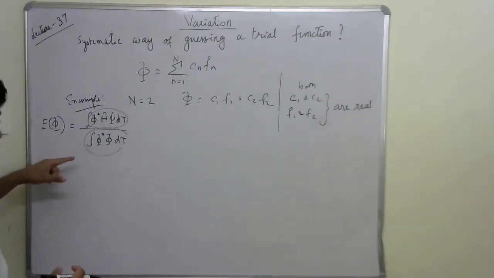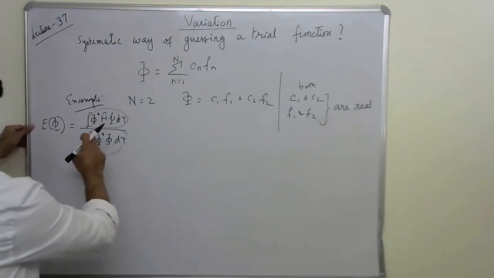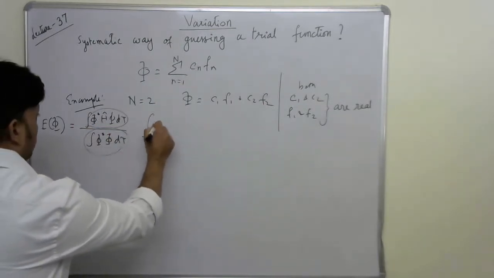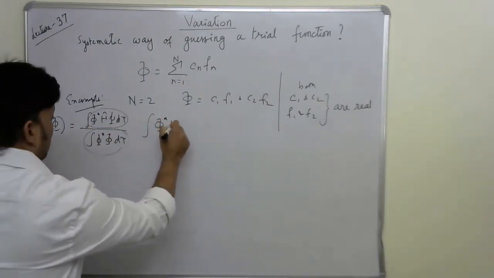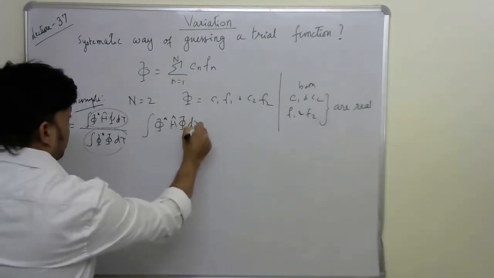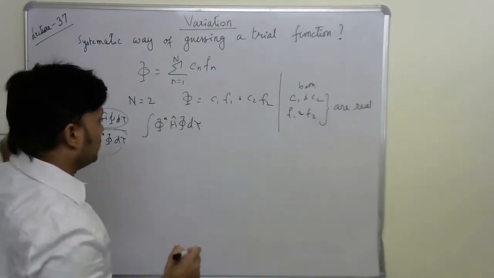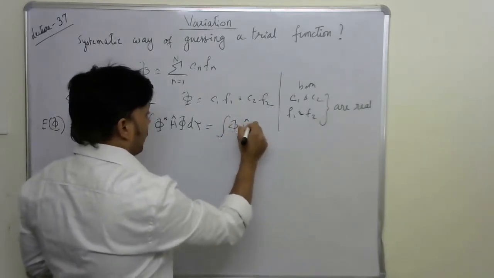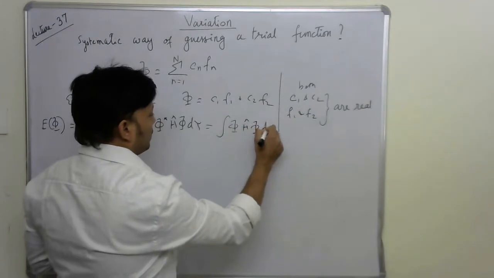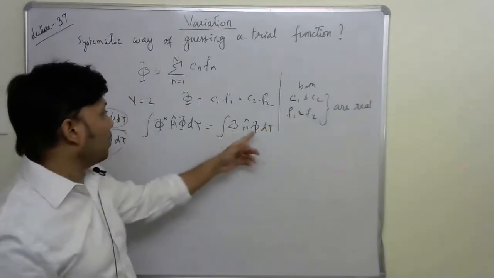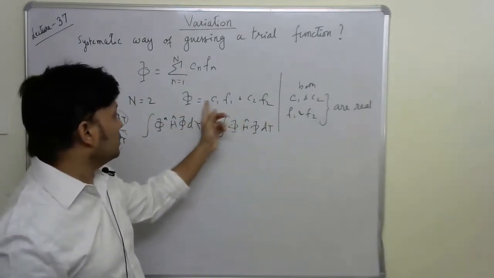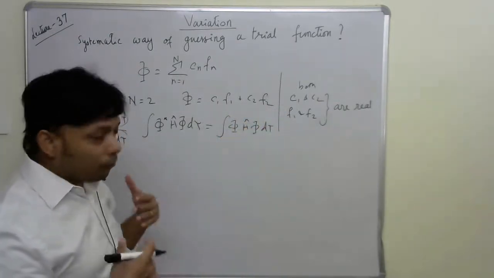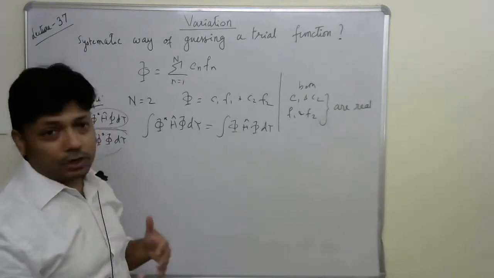So let's start with the numerator, the integral of phi star H phi d tau. In this case it is simply the integral of phi H phi d tau. Why? Since c1, c2, f1, f2 are all real, phi star is equal to phi.